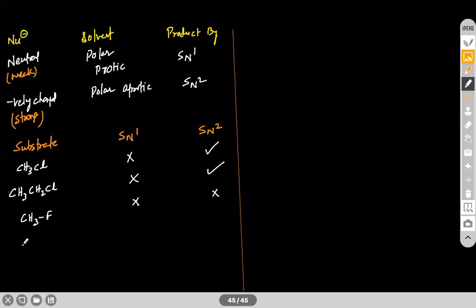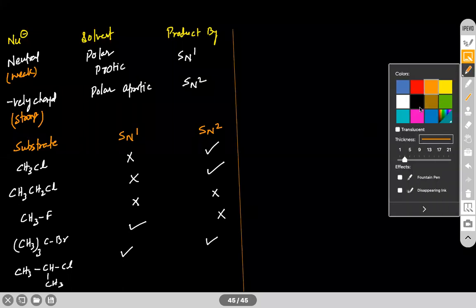If you have a tertiary halide, for example (CH3)3CBr, SN1 is possible and SN2 is not possible. Not possible means the major product is according to SN1, not SN2. If you have a secondary halide, CH3CHClCH3, SN1 favors here and SN2 also favors here, right?